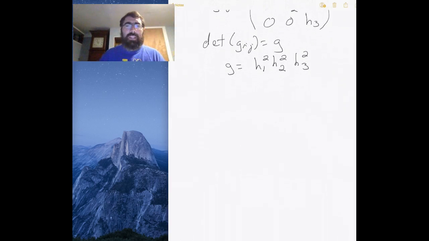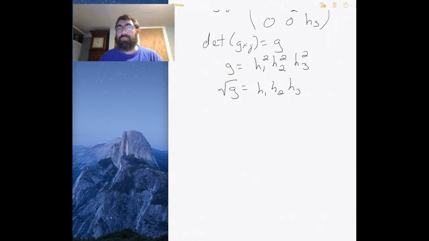But anyway, what you get is the determinant of the metric tensor gives you the product of the scale factors squared. So if I take the square root of g, then I get just the product of the scale factors. And that, if you remember, kind of shows up in the definitions of things like the divergence or the Laplacian.